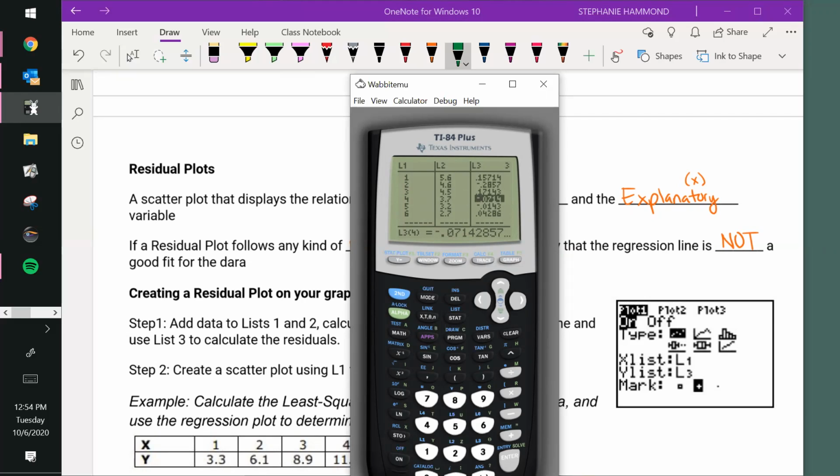All I'm going to do is go back to my stat plot, second, y equals, open this plot back up, enter, and it still says it's on and it's set to a scatter plot. I'm just going to change my Y list from L2 to L3. Remember, L3 is where we just put all of our residuals. So now I'm going to compare my x values in list 1 to the residuals in list 3.